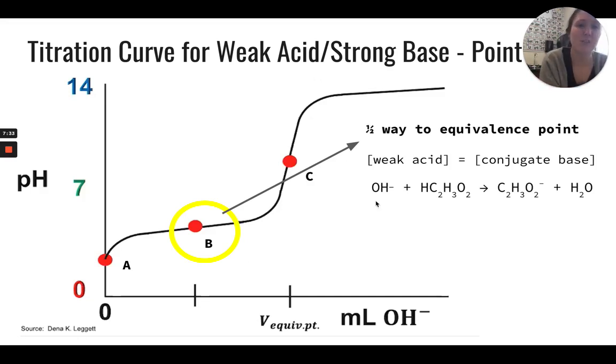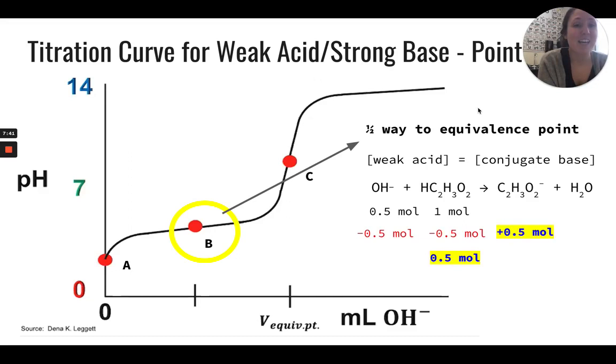Because in this titration, this was the point where I've added half of the amount of base required to neutralize the acid, producing conjugate base. So in this one, I have adequate amounts of both the weak acid and the conjugate base, and that is why it's a buffer. You need both of those things present.